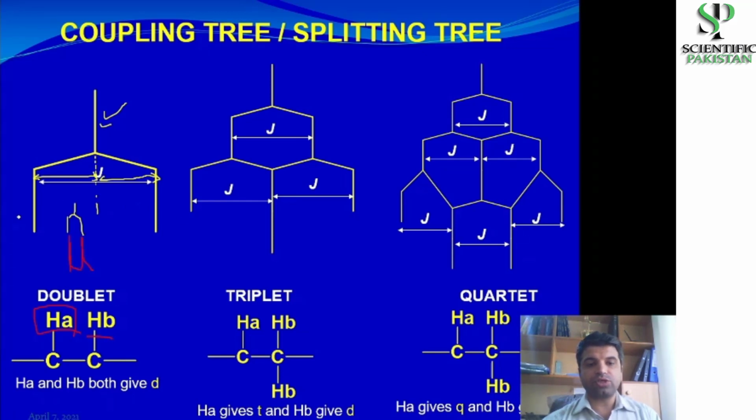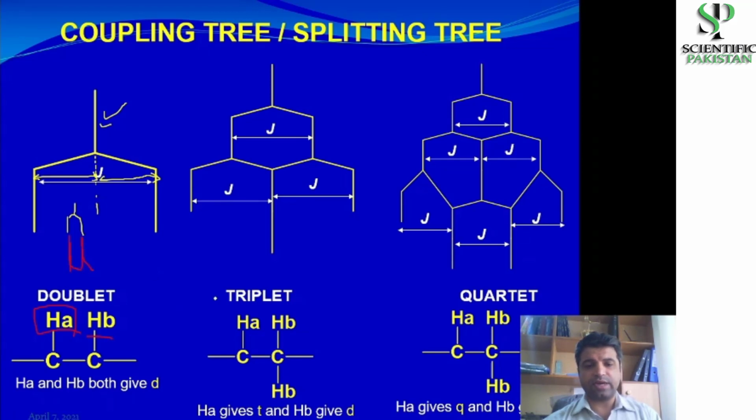Now the separation between these two peaks is known as the coupling constant, or the J value, in Hertz. The separation is measured in Hertz. Now this is a simple splitting tree.